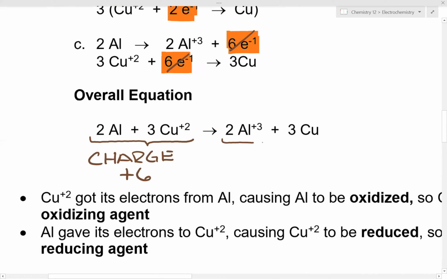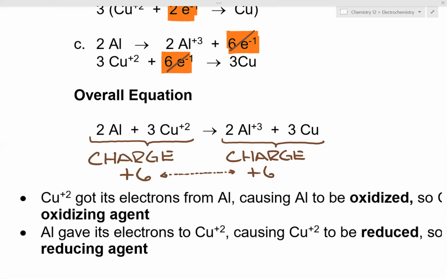This would also be a total charge of +6. And so notice that these two are the same. When they are the same, you know that they are balanced.